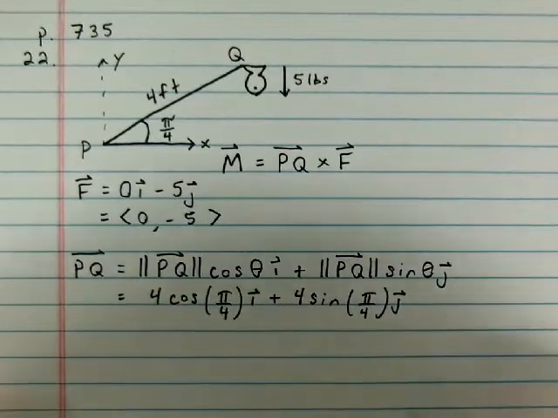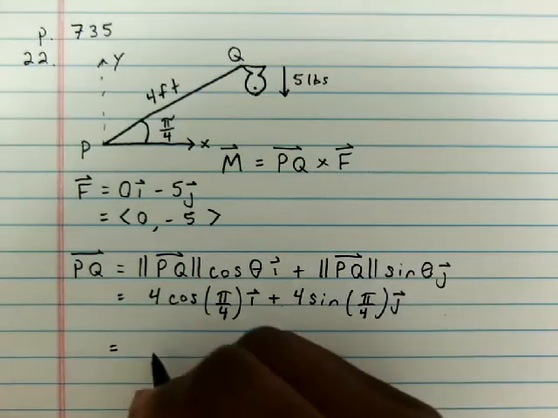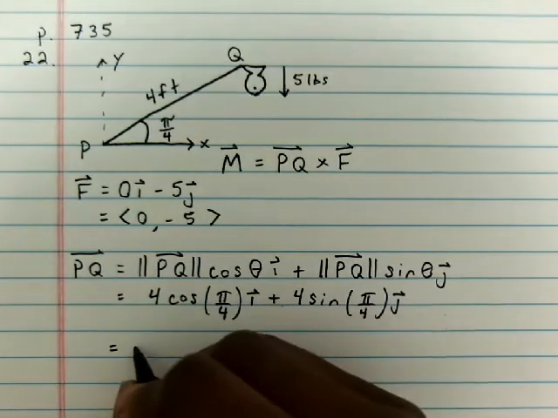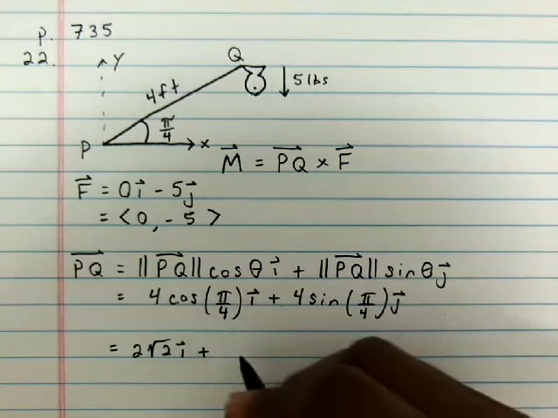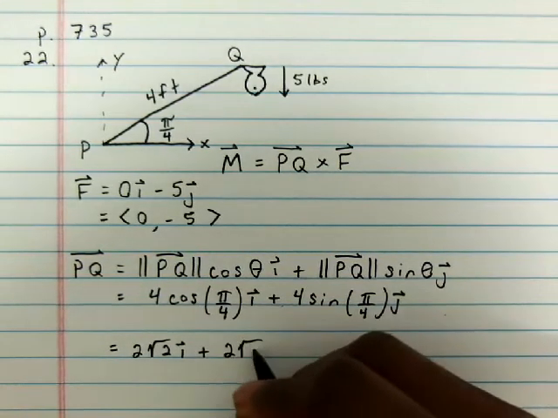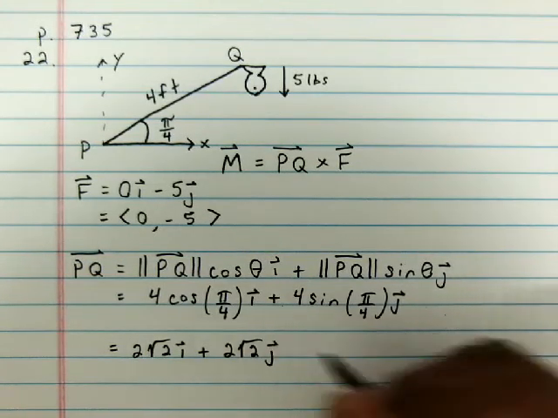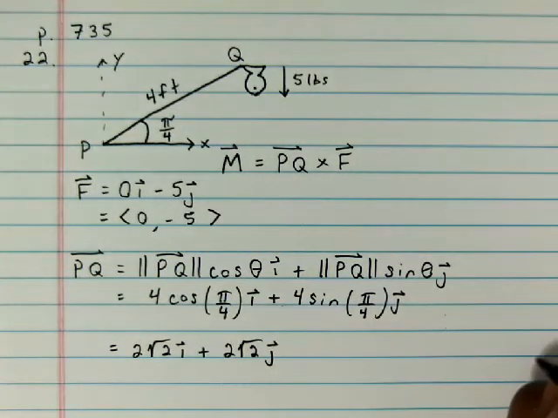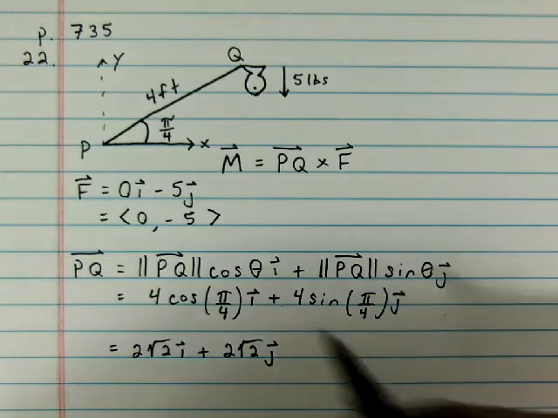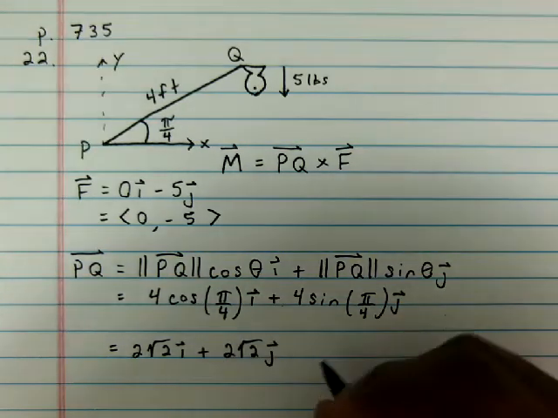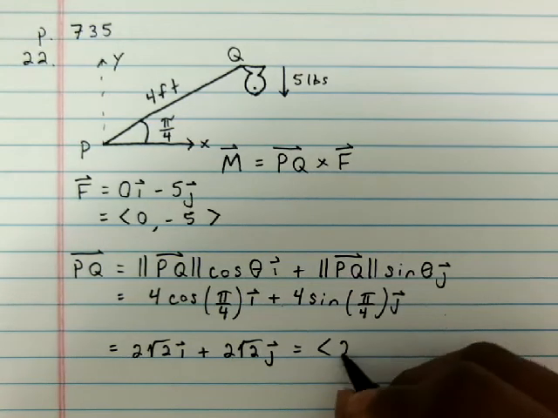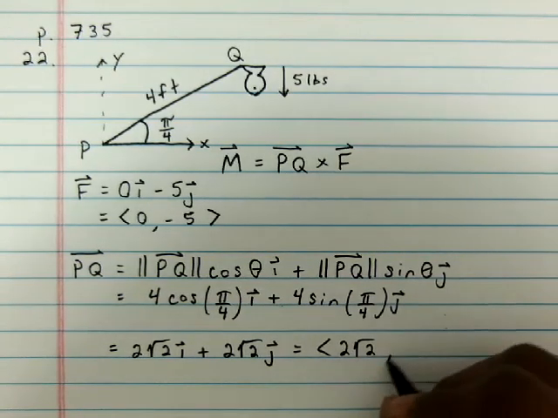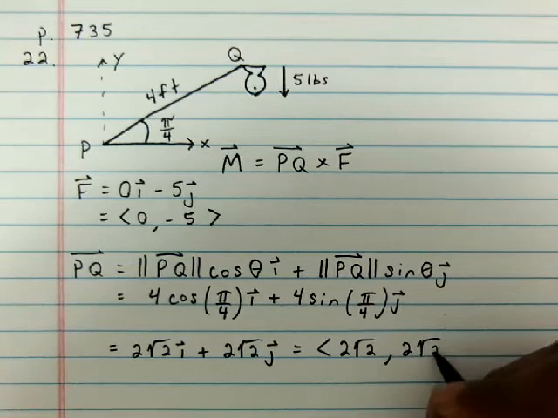All right, and so we get 4 times √2/2, so we get 2√2i plus 2√2j. And now to find our moment M, we need to find the cross product of these 2 vectors. And we'll rewrite this in the same form that we had that one. So 2√2, 2√2.